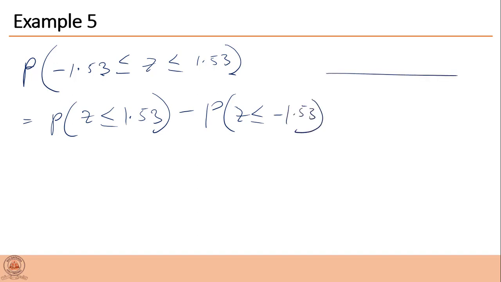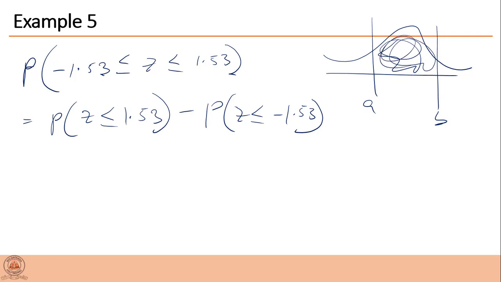If you remember, we said the integral over the range a and b is the area between a and b. So this is cumulative. So to get that of Z less or equal to b, a would have been included. So let's say if we are starting from 0 and we want b, we go all the way from here to b to get the probability of Z less or equal to b. If we want a, then we go all the way from here up to a.